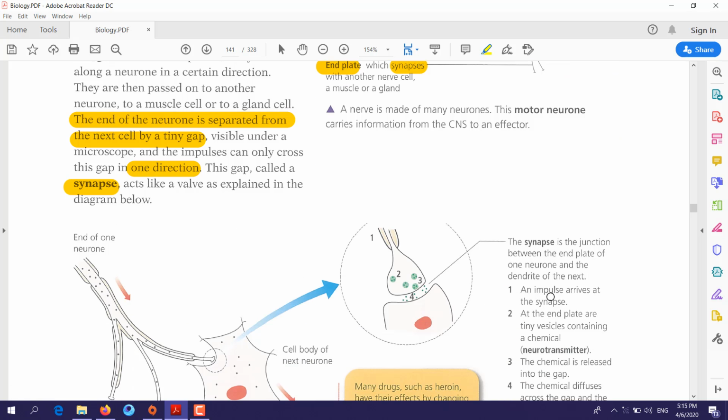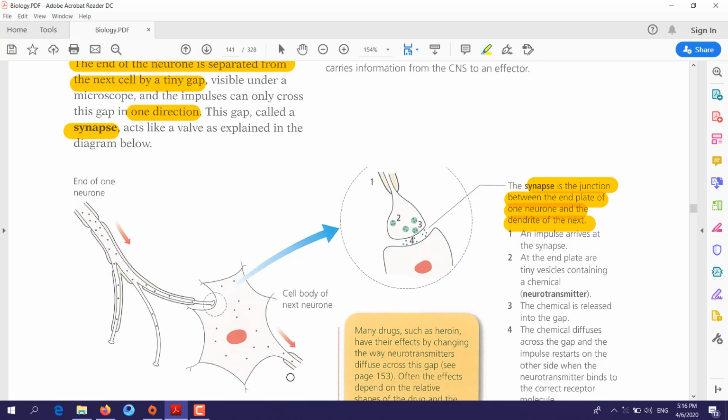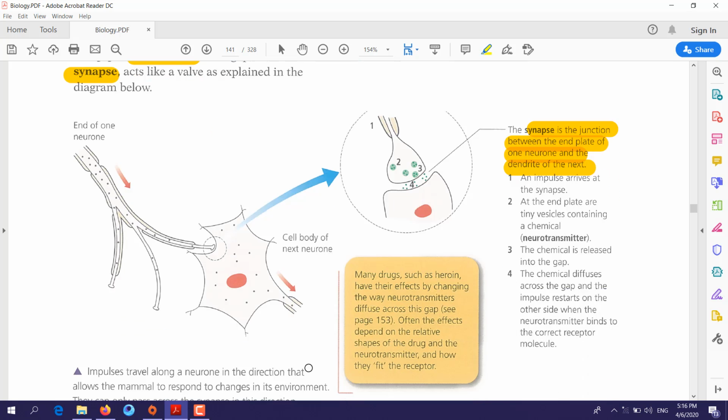The definition of synapse: it's the junction between the end plate of one neuron and the dendrite of the next one. Now we will see the mechanism of sending the electrical impulses and how it happens.